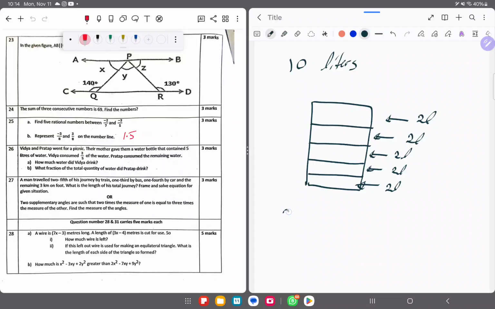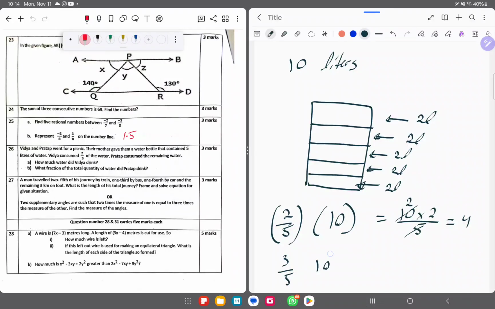So now if I said 2/5 times 10, it's going to be 10 times 2/5. So 10, 10, 2, 4. So over here you would end up with a 4, and 3/5 you would end up with 30/5, you would end up with a 6.